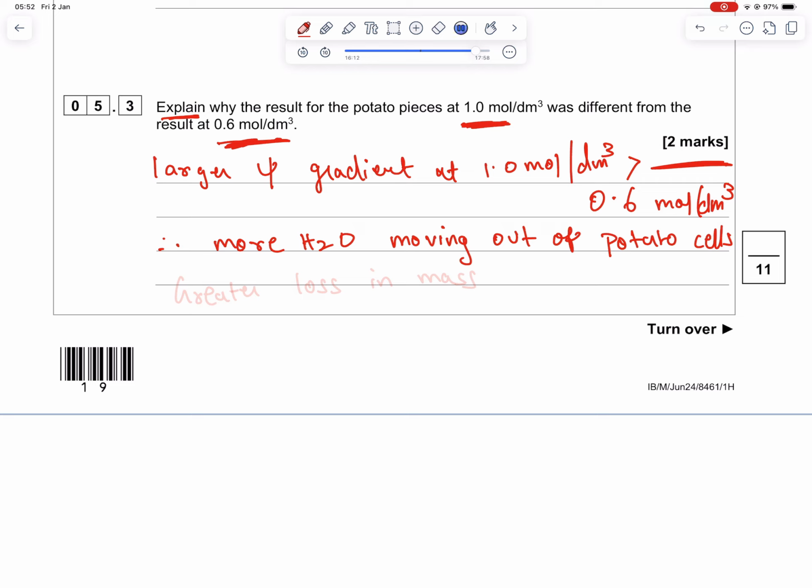And you have to mention that at 1 mole per decimeter cube, it was a greater loss in mass. That's the important mark clincher in this question. So comparison phrase: lower water potential, steeper gradient, more water movement. For this kind of question, you have to compare.